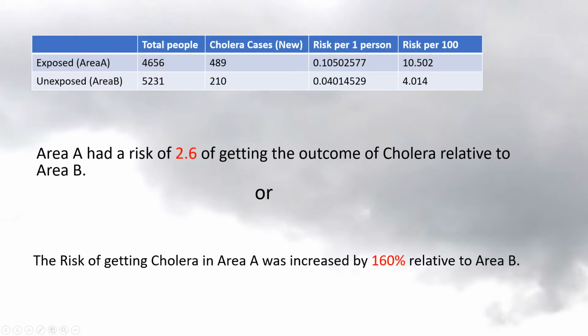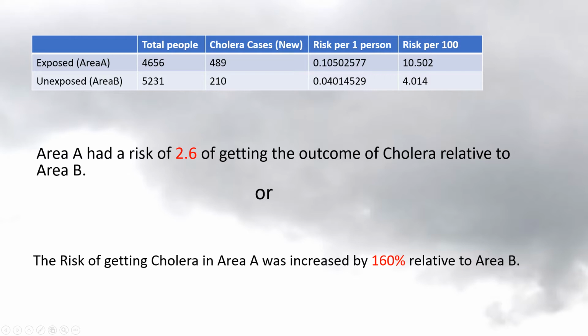So the correct definition of this would be: Area A had a risk of 2.6 of getting the outcome of cholera relative to Area B. Or, the risk of getting cholera in Area A was increased by 160% compared to Area B. Now, you'll note that in the first version I'm not saying increased or decreased.